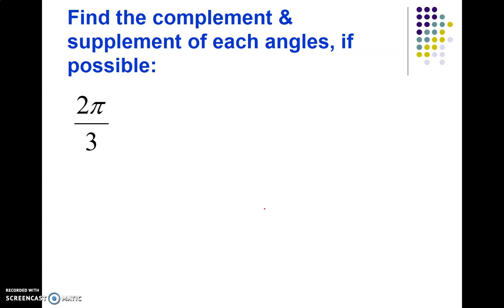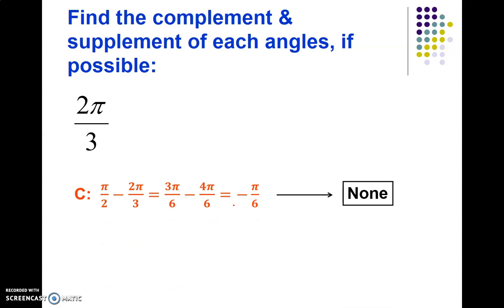Find the complement and supplementary angle of the given value, 2 pi over 3. So you have to subtract that from pi over 2, and from pi.